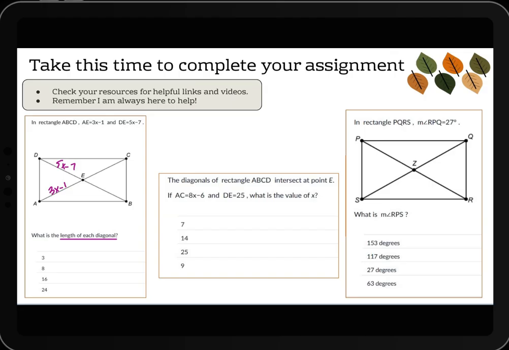The diagonals of a rectangle ABCD intersect at point E if AC is equal to 8x minus 6 and DE is 25. I highly recommend that if you have a rectangle, drawing it can be extremely helpful because you have the ability to label, right? So you have A, B, C, D, and I would recommend you label it because that can help you understand better what's going on, right?